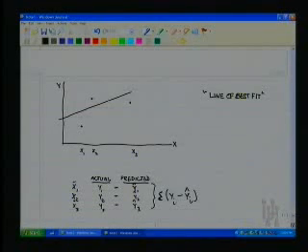Let me tell you this, that if you use this as the criterion to generate the line of best fit, you can generate multiple lines that will satisfy this criterion equally well. That is, you can draw multiple lines through this data set, through these 3 data points, all of which involve the same amount of error when error is defined as the sum of yi minus y hat i.